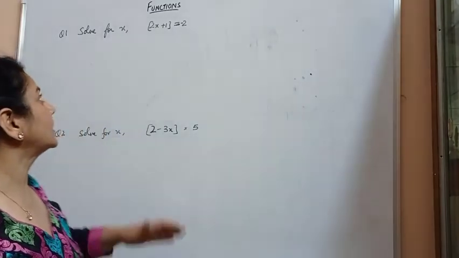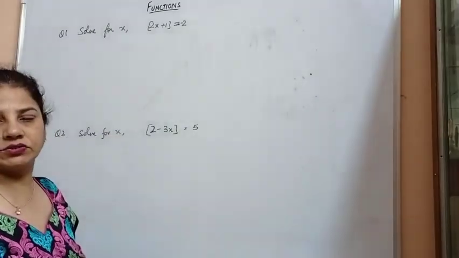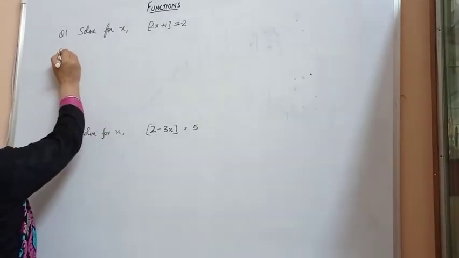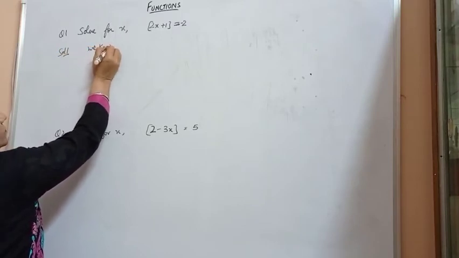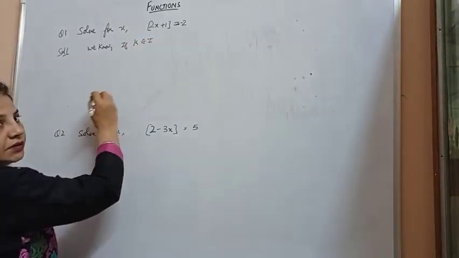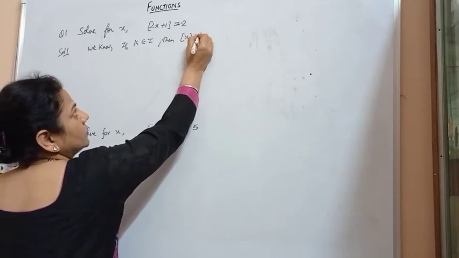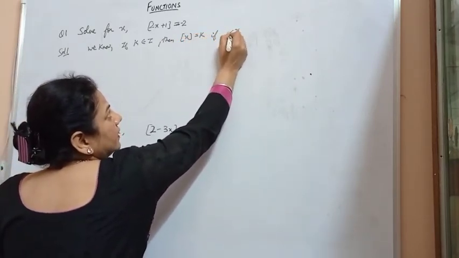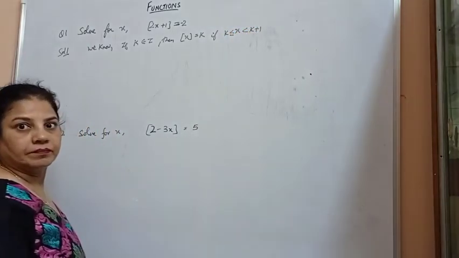Solve for x. The function is given to us as the greatest integer of 2x plus 1 is equal to -2. We know that if k belongs to the integers, then the greatest integer of x is equal to k if x is greater than or equal to k and less than k plus 1.